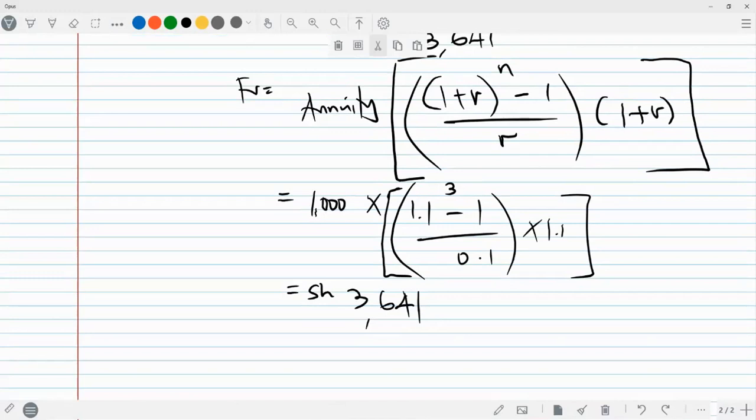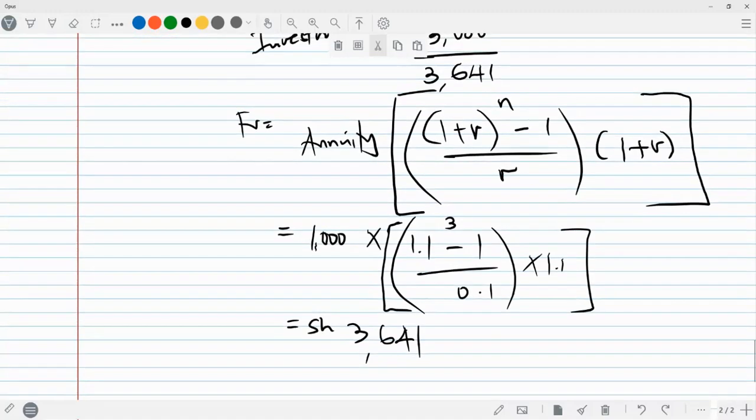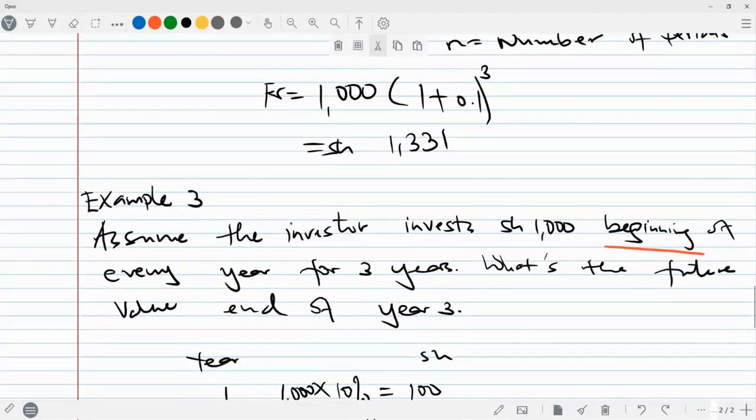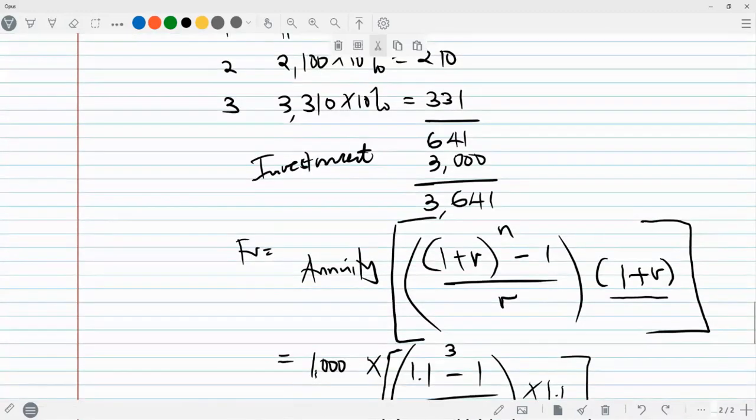If the cash flow is going to be at the beginning of the year, like in this example we have just done here, then you have to qualify your formula by adding 1 plus R. If the cash flows are occurring at the end of the year, for example, in case you've not been told that they are occurring at the beginning of the year, sometimes the term used is they occur in arrears, then of course you don't need to add this factor, 1 plus R, in our formula.